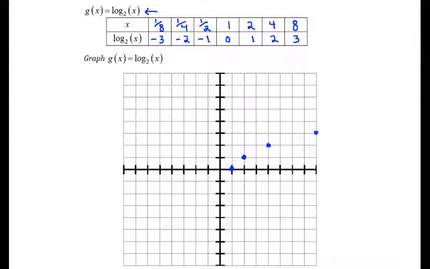As I plot these fractional points, I can see I have an x value of 1/2 and a y value of -1, then an x value of 1/4 with a y value of -2, and an x value of 1/8 with a y value of -3. I can see that these points are approaching 0 with x, meaning that we have a vertical asymptote here at the y-axis.